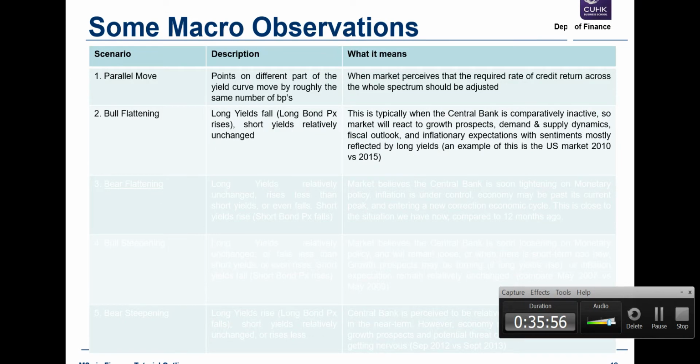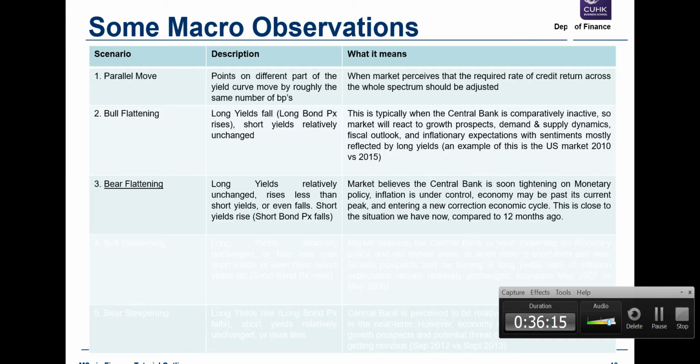Bull flattening is when you have a curve and then it gets flatter because the longer dated yields are falling and the short yields are not really moving much. You can have a bear flattening too.